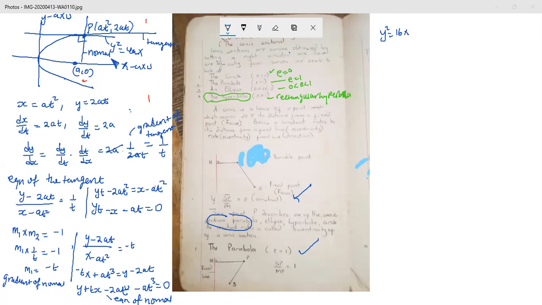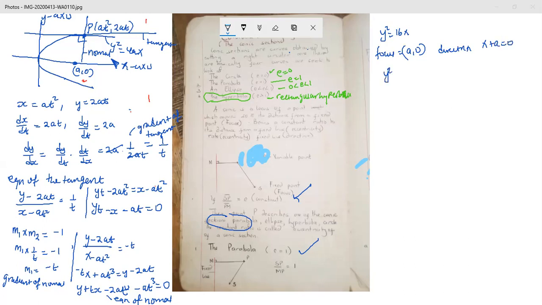Through a, which predicts the focus of the parabola. So the standard equation of the parabola has a focus, which is (a, 0), and the directrix, which is x plus a is equal to 0.